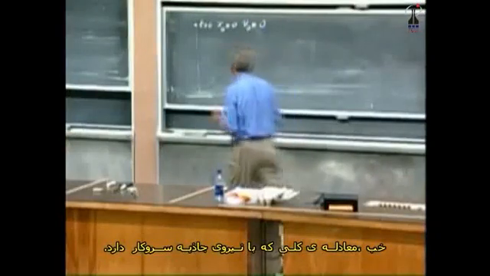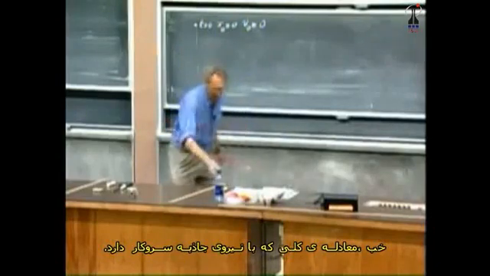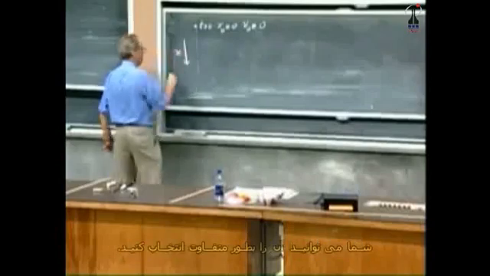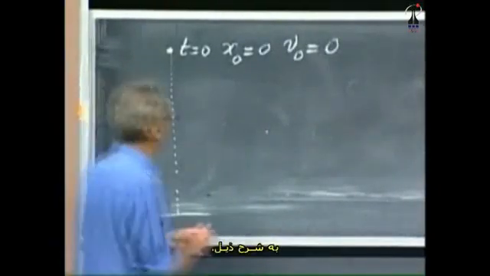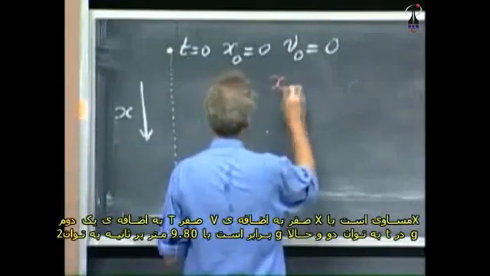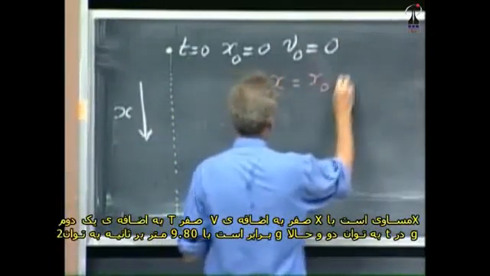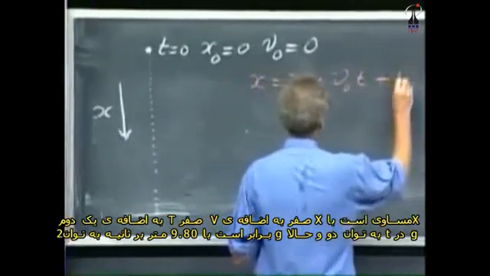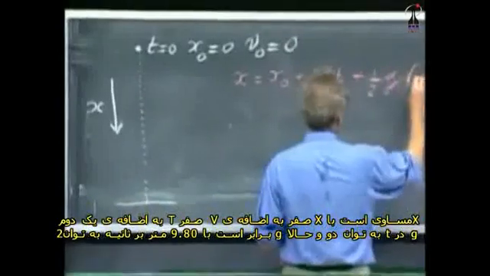Well, the general equations now, which deal with gravity, if I call this the increasing value of x, you can choose it differently, this is my choice today, is the following. x equals x0 plus v0 t plus 1/2 g t squared.